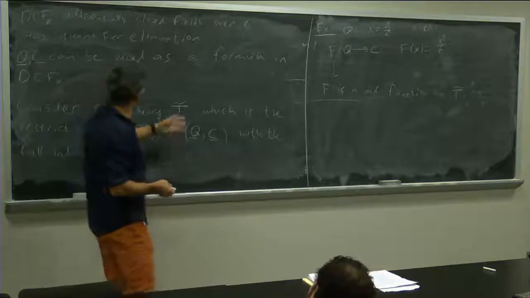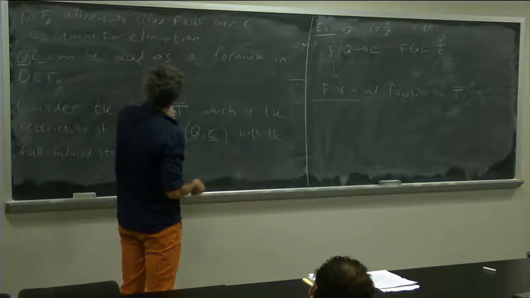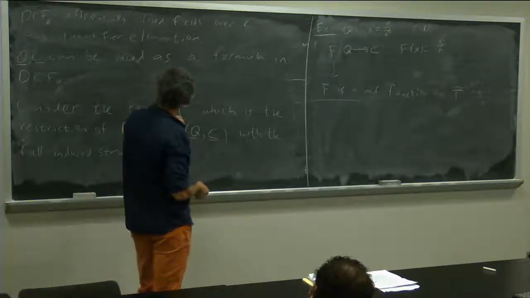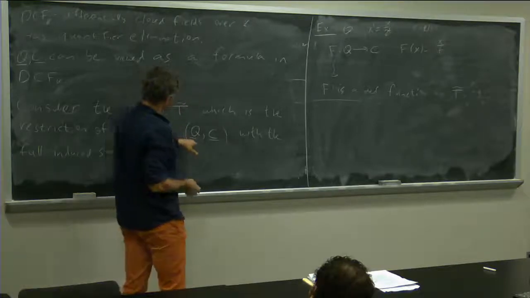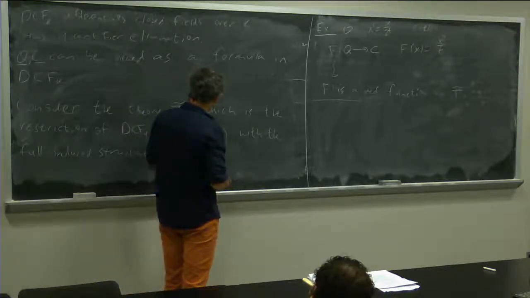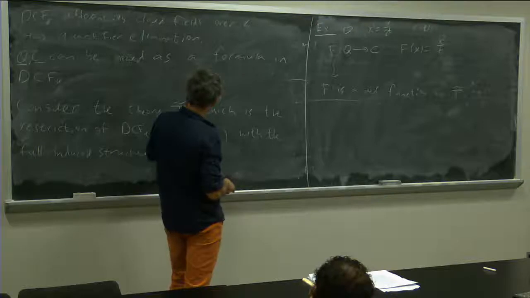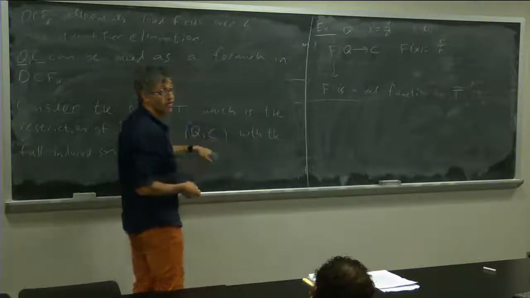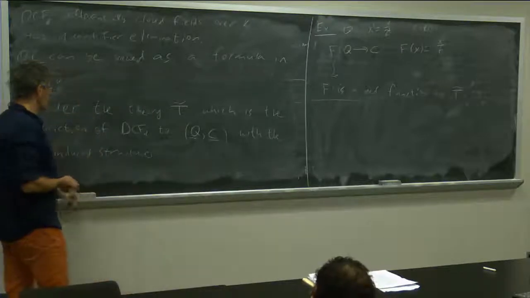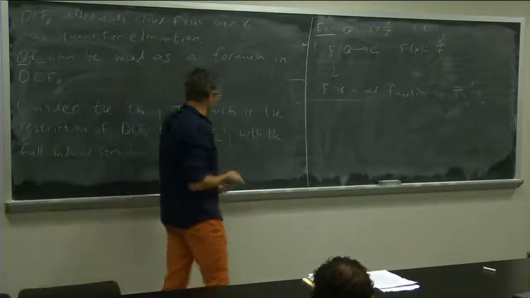And because of some properties of DCF, it's actually the same to think about the equation inside DCF or just inside this structure, where we throw away all the other stuff that is in there.